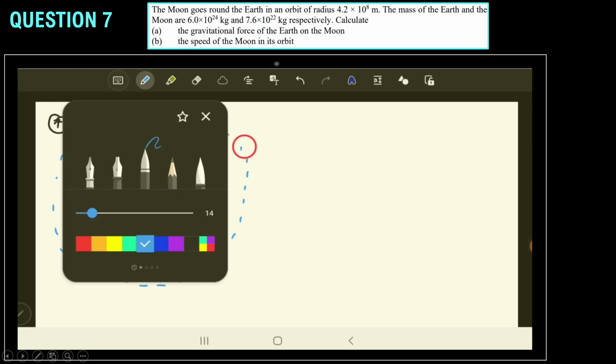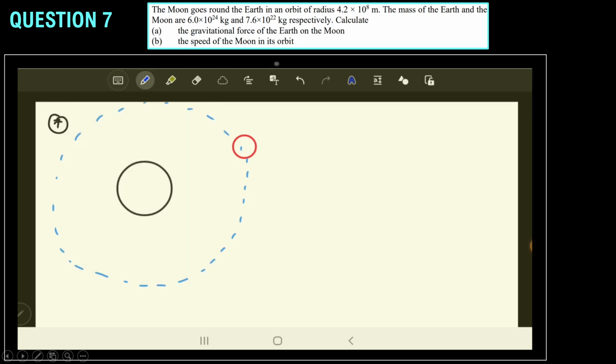So let's write. This is the earth, and this is the moon. Given that the radius of the orbit is 4.2, from the center, so R is equal to 4.2 exponent 8 meter.